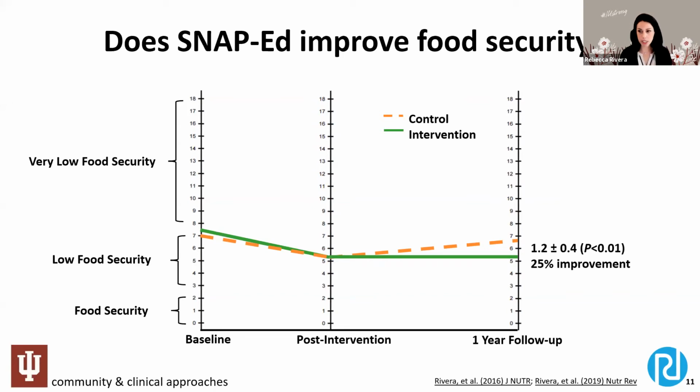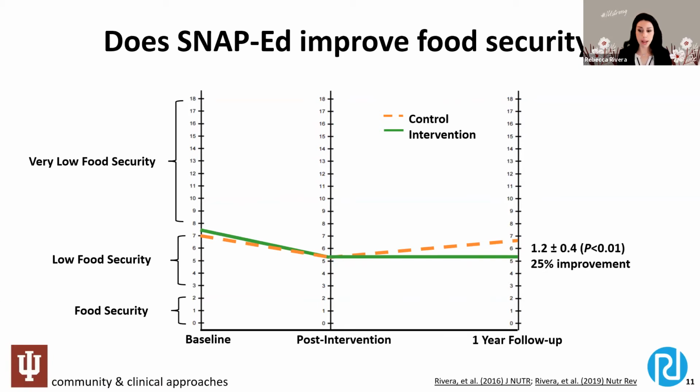But then the most interesting result here was this sustained improvement in the intervention group, so that green line, across an entire year after taking the lessons. So having those lessons helped people to be able to maintain their food security over an entire year. And this is a really strong study because we can see that the control group regressed back to their baseline levels of food insecurity.